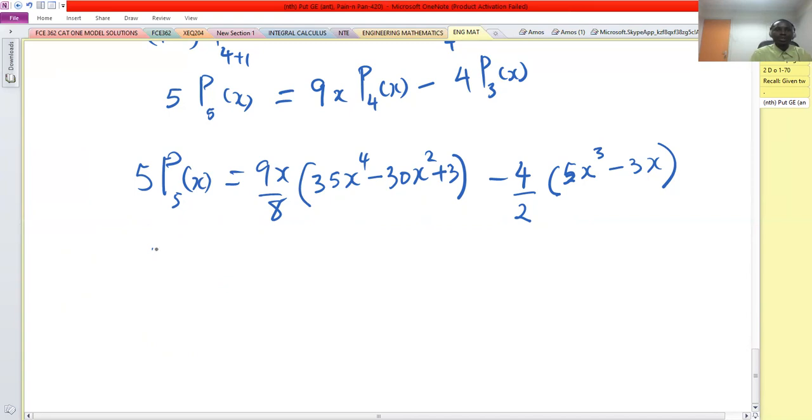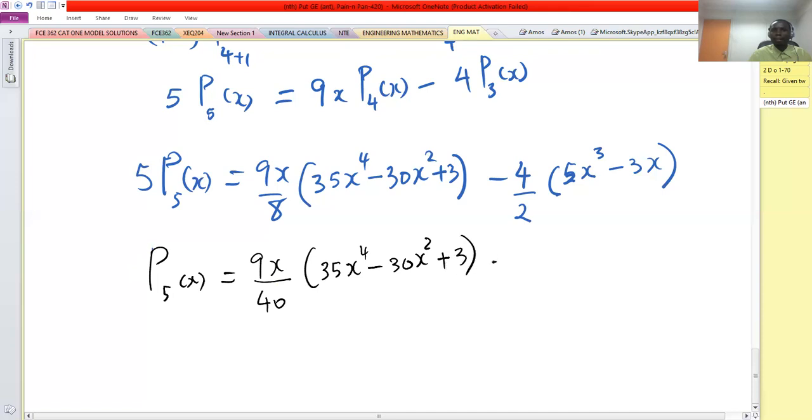Actually, let me get that so that I have P5(x) equals, so this 5, I'll have 9x over 40 into 35x to the power 4 minus 30x squared, and then plus 3 minus, so this is 2, so we'll have 2 over 5 into 5x cubed minus 3x.